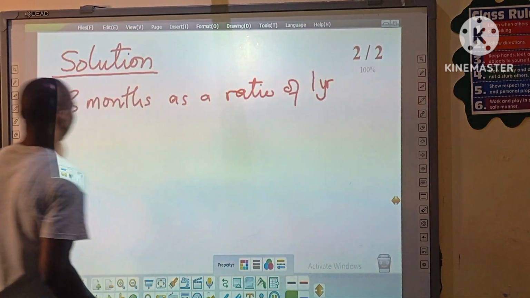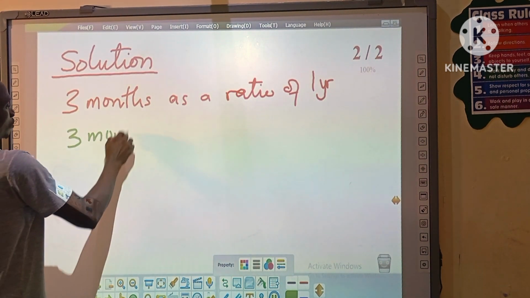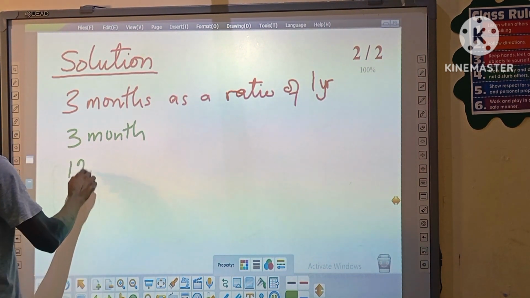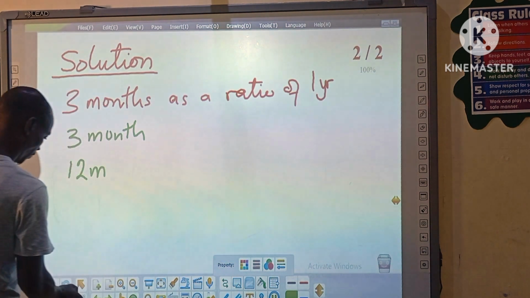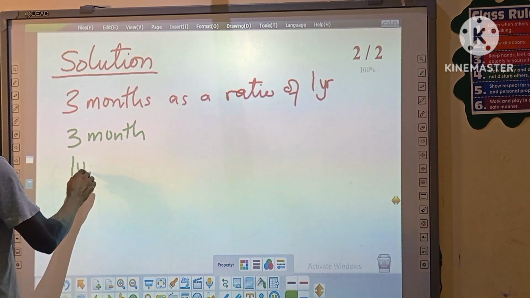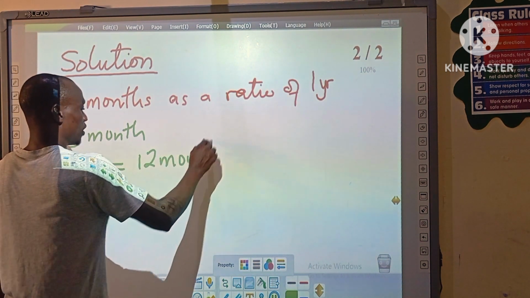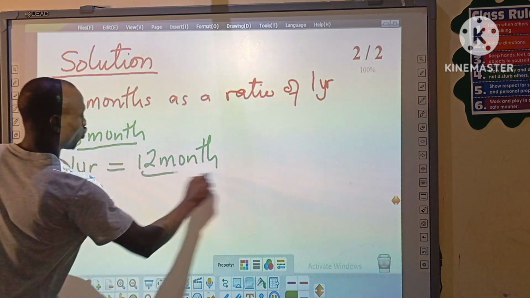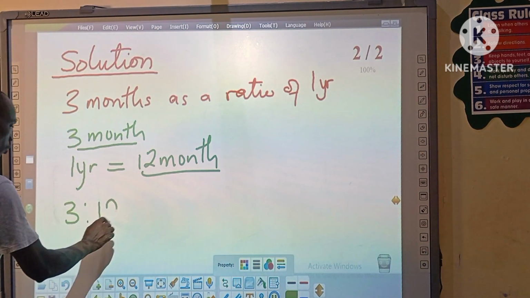In that case, we will write 3 months and 12 months. 1 year is the same thing as 12 months. Now we have the same quantity. In that case, we can express them as ratio.